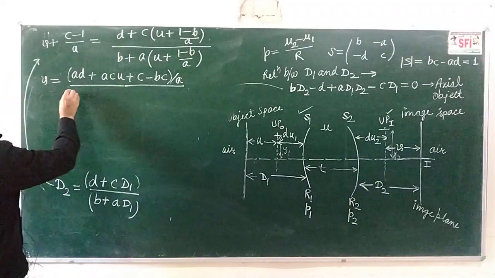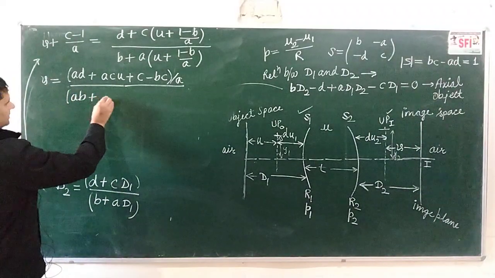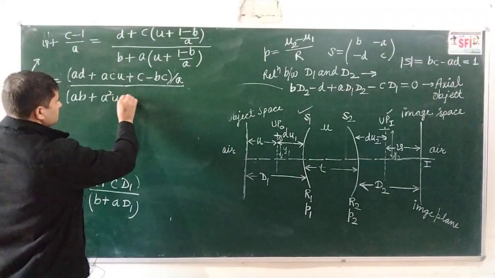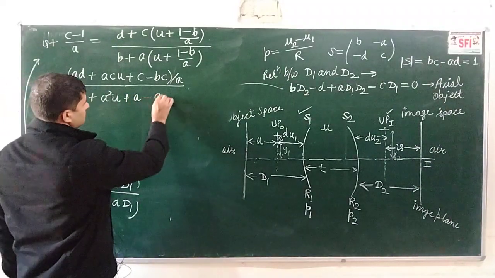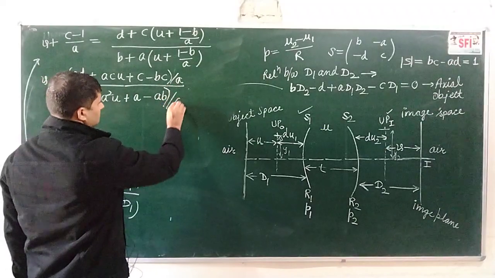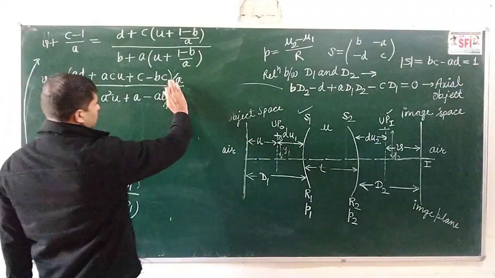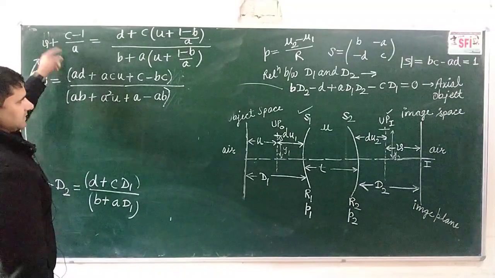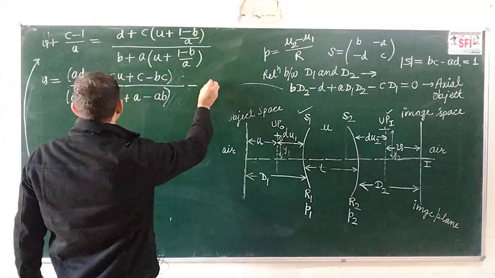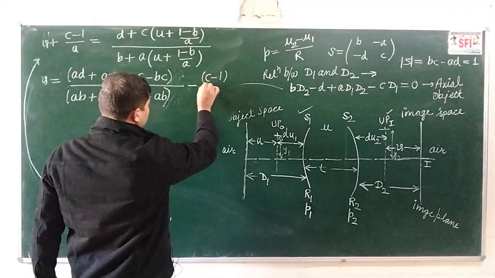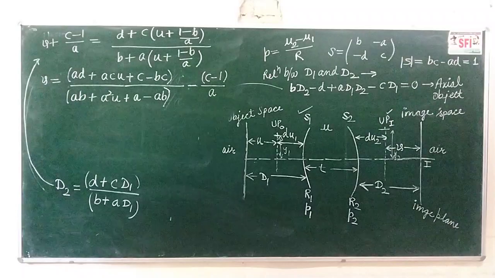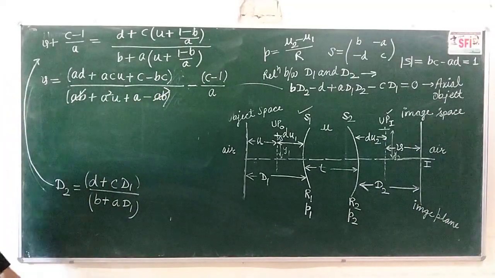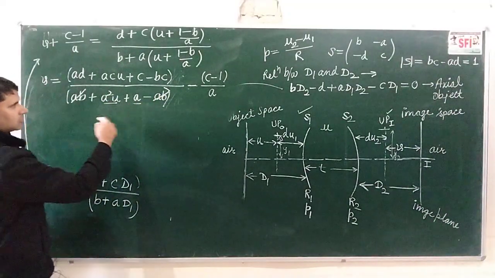Now come to the denominator. From here you will get AB plus A square U, and then plus A and minus AB, bracket close, and then the LCM is A. You can see the A will cancel here in numerator and denominator, and you are to take this factor on the right hand side, so it will acquire a negative sign and it will be C minus 1 divided by A. Now you are to take the LCM again here, and you will see plus AB and minus AB will cancel out, and from here you can take A common.